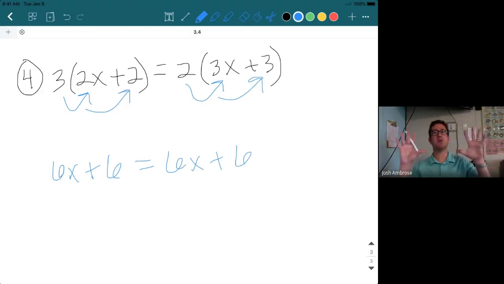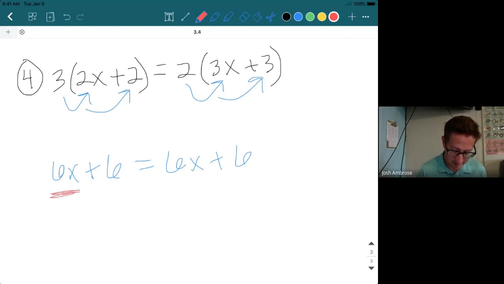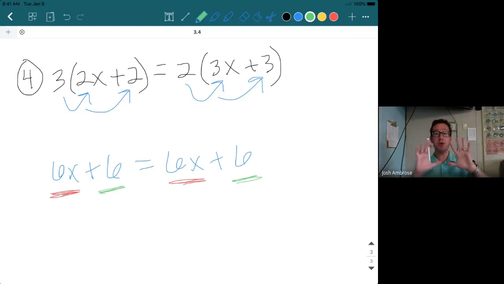Whoa, another big red flag moment. You should see some things here, except this time I have 6x on this side and another 6x on that side. The x's will disappear. I'm going to eliminate the variable, but something else: a 6 and an identical 6. What do we see here? Both sides are identical, 100% identical.